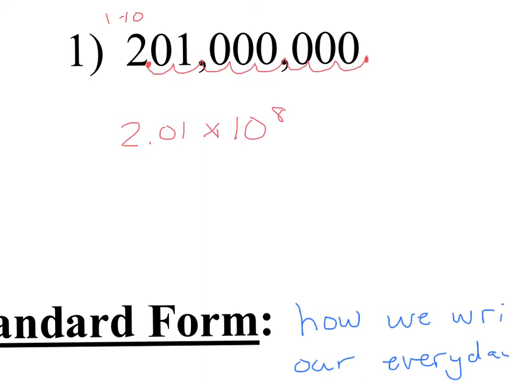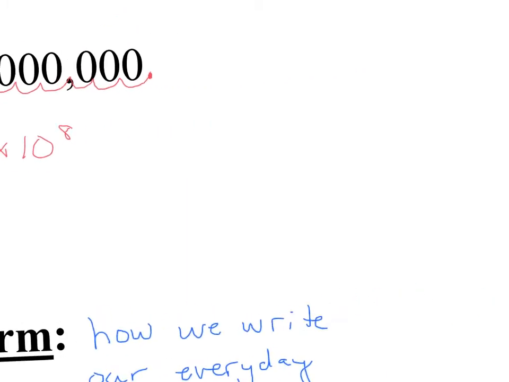It's bigger than 1. So now if I go over here and look at number 2, this is what I consider a small number. This number is less than 1. Again, though, it has to be between 1 and 10. So my decimal should end up here between the 5 and the 1.